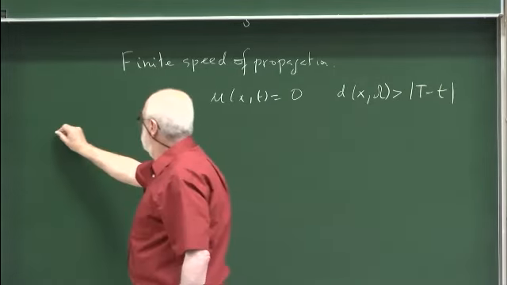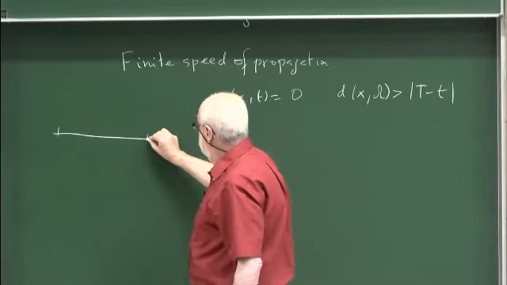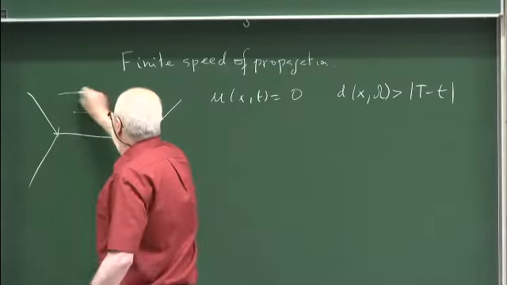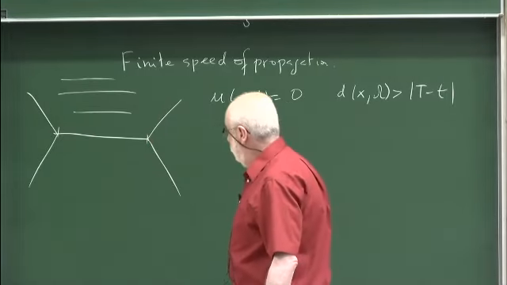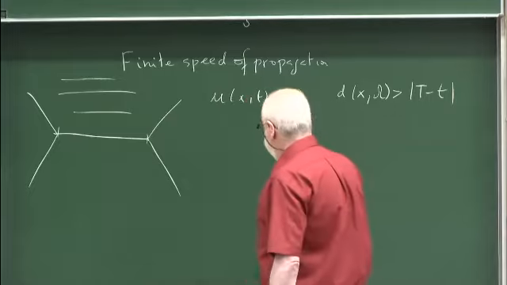So if the solution vanishes outside some set, then it will be 0 for larger times determined by the light cones starting at the different points of the support.